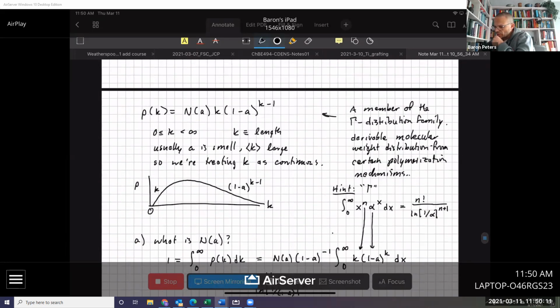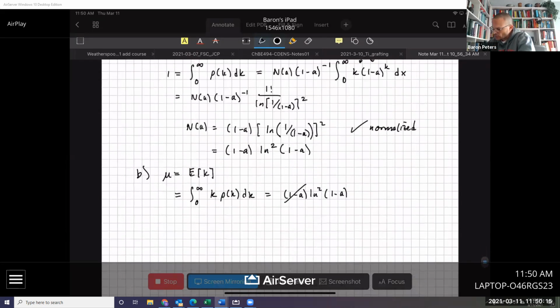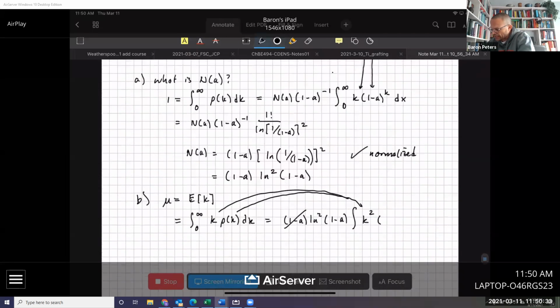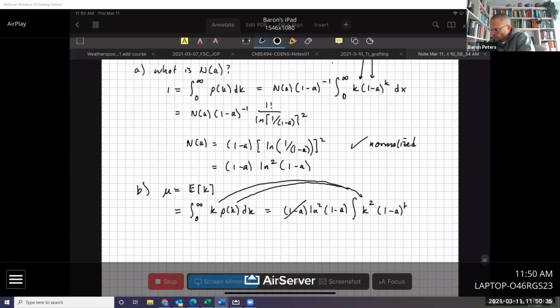What else can I do here? I don't think I can do anything else. All right. So my integral now has a k from here, and there's also a k in here. So now I end up with a k squared, and I had a 1 minus a to the power k, and I'm integrating that over k, going from 0 to infinity.